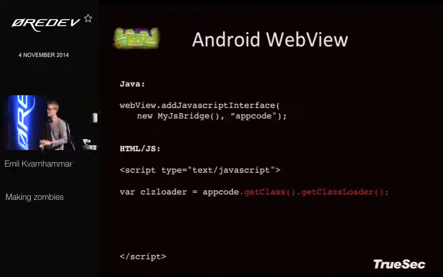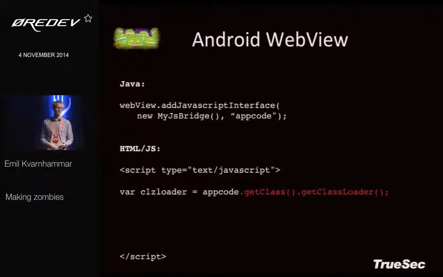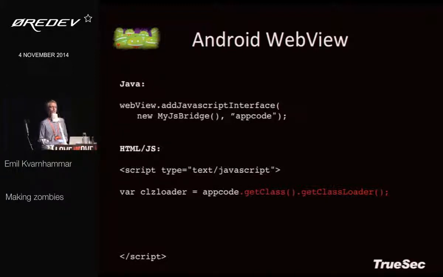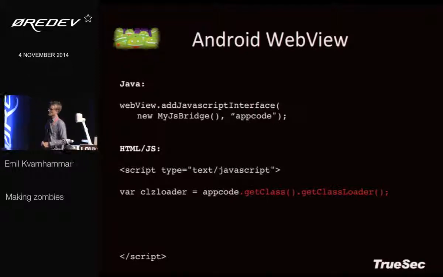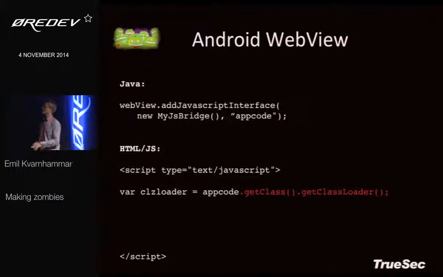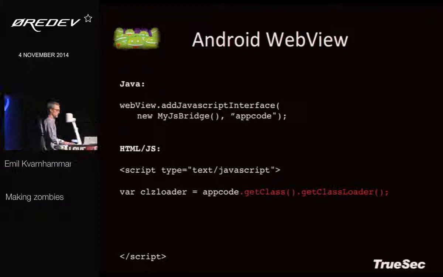What they didn't think of when designing this is that it actually enables all methods, even the inherited methods. For instance, the inherited methods from the class Object, which means we're able to call getClassLoader to get a class loader. Think about this, getting access to a class loader from JavaScript.